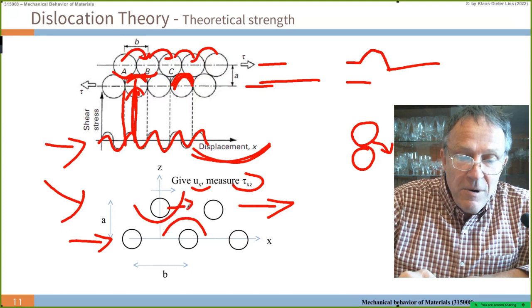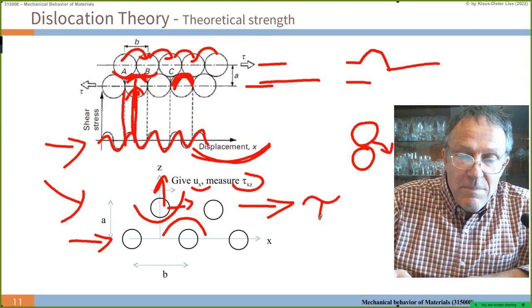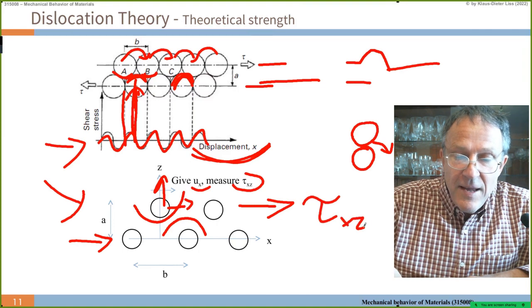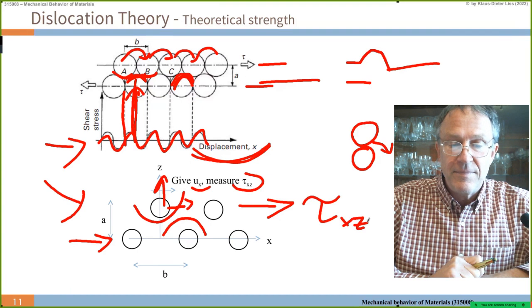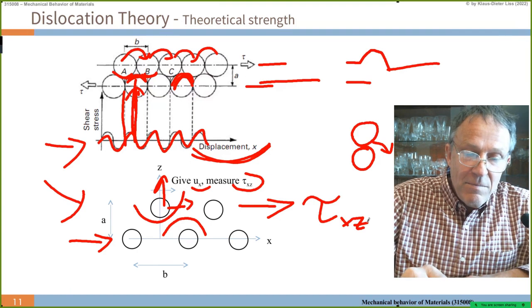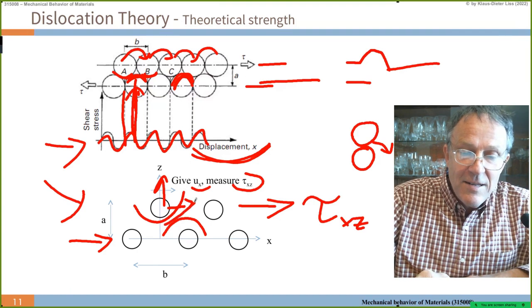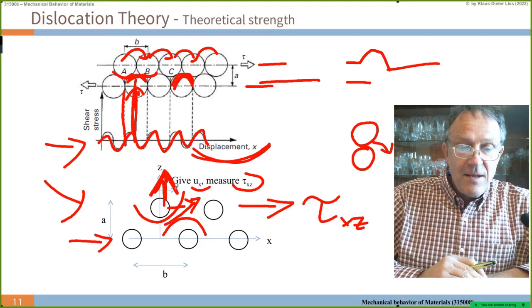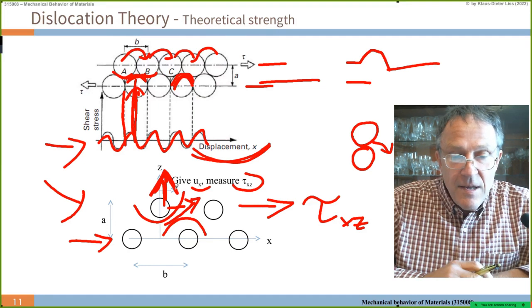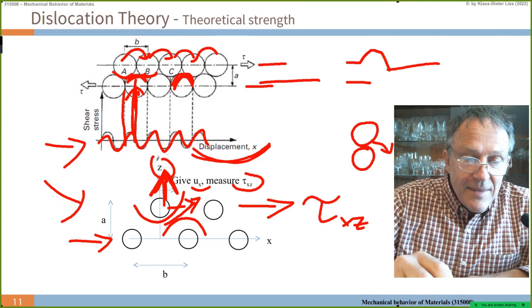So to pull it up, we do that by shear stress tau_xz. We go by pulling in the horizontal direction, we get a component which goes up the hill, and that displaces the layer up along the z direction.